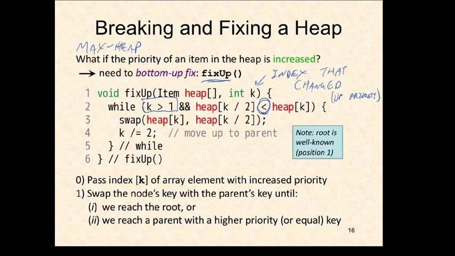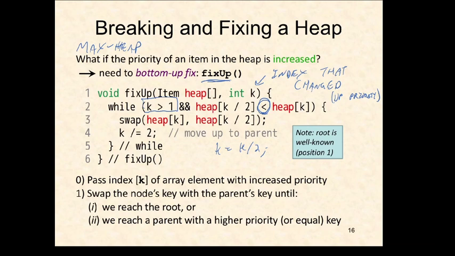So we're saying while we aren't at the root and the parent has a lower priority than k, we've got things left to fix. We swap node k with its parent at k divided by 2, and then we move up. We say k divide equals 2. Remember, that's the same as saying k equals k divided by 2. We say move up to the parent index and check again, go back through the loop. While we're not at the root and you have a higher priority than your parent, you have to go upward.